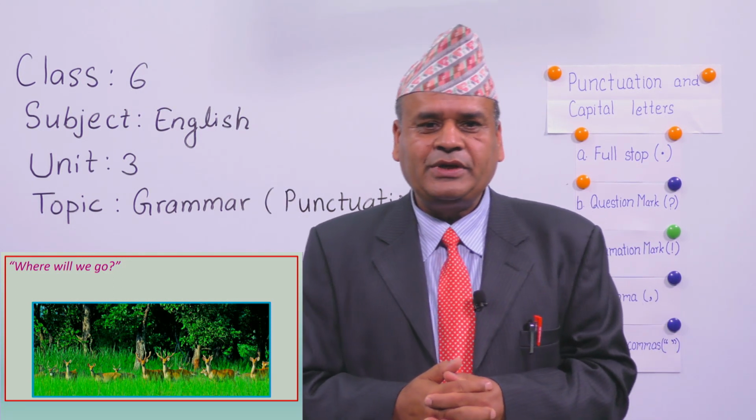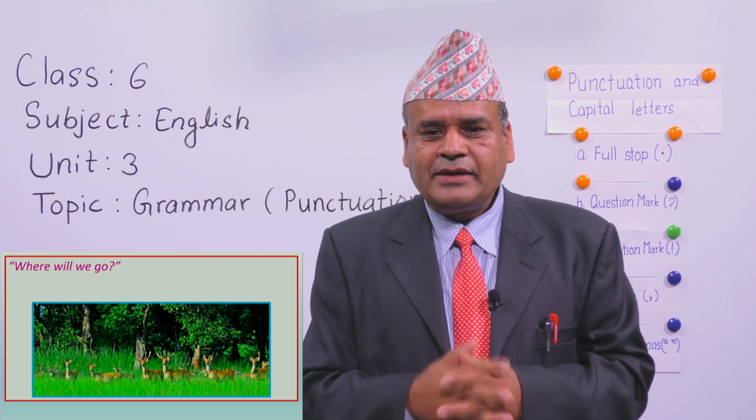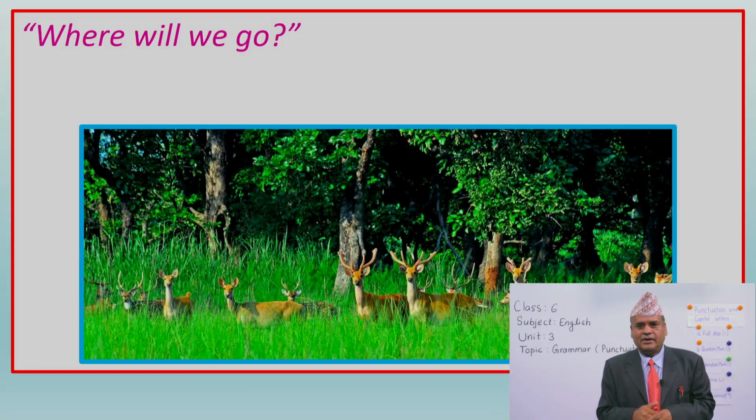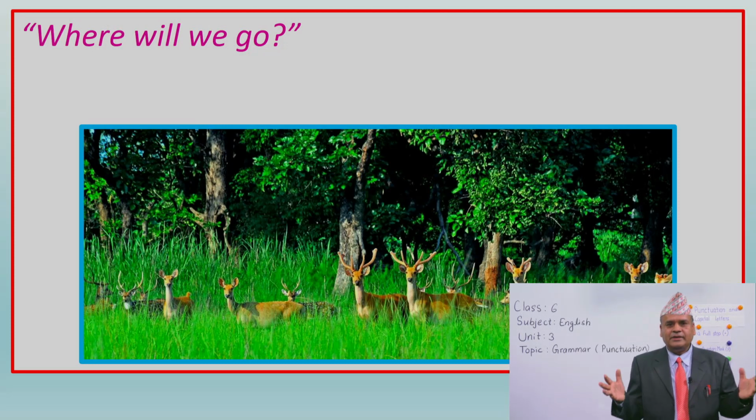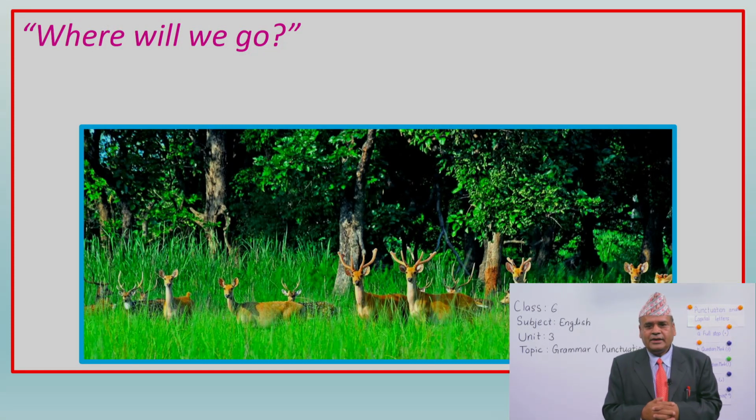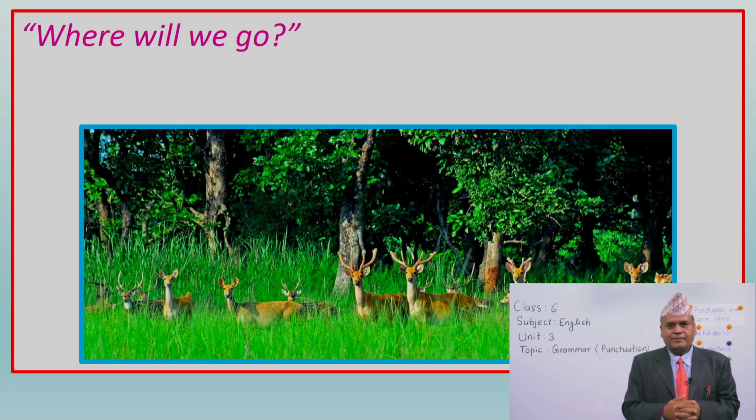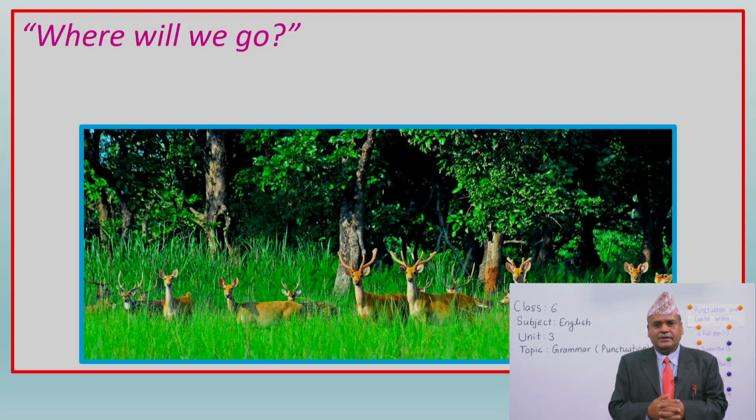Yes, looking at the picture, we can easily find there are so many deer. Okay? Antelope, deer, you can see there. Right? And they are in the green forest. All right? So, obviously, going to visit the forest area or national park. Okay.